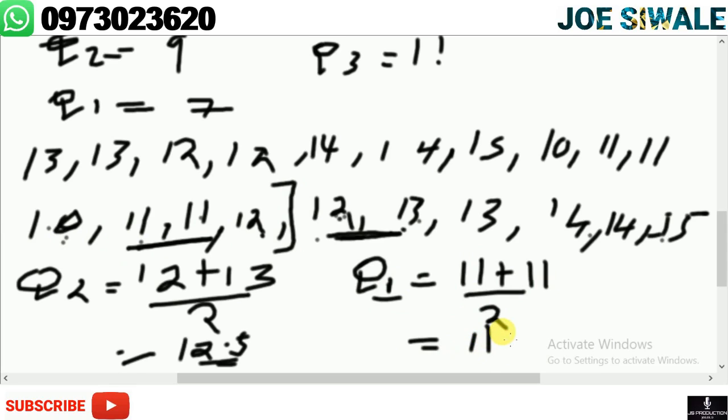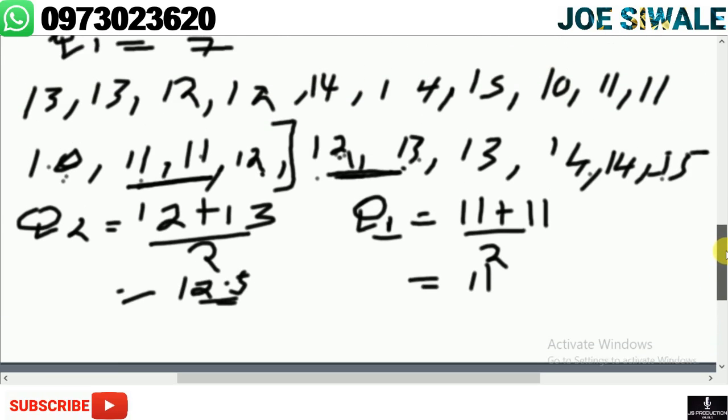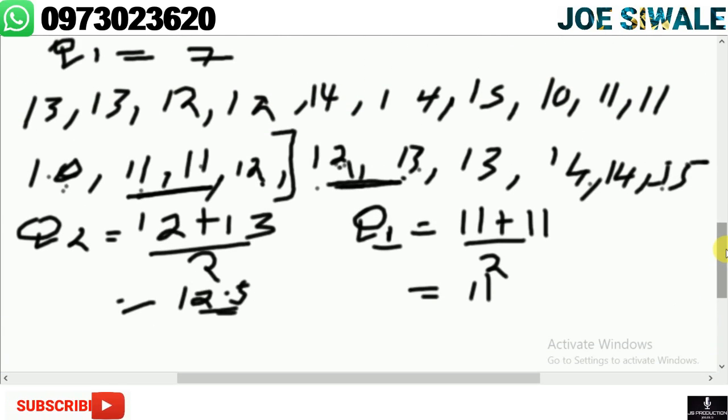Let us calculate Q3. To calculate Q3 there, we're going to consider the numbers after our Q2 there. So we're going to consider 13, 14, 14, 15.